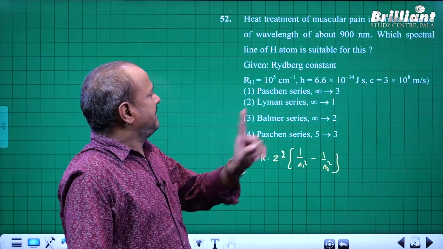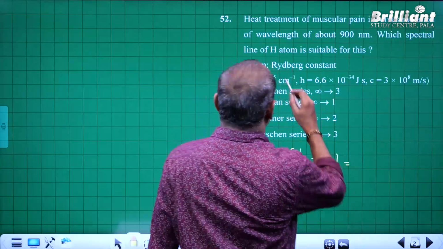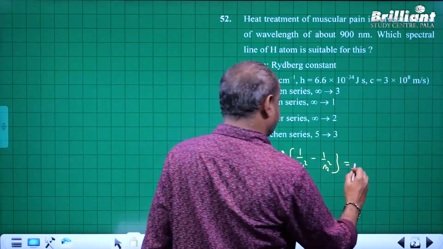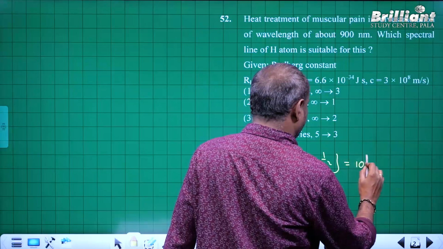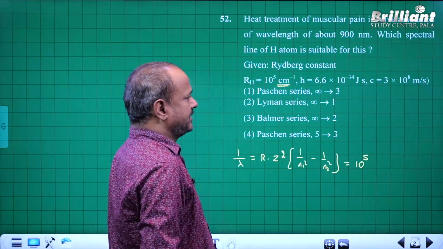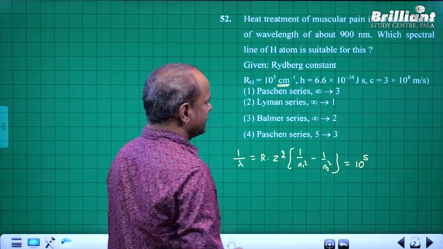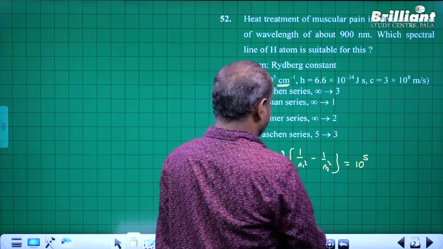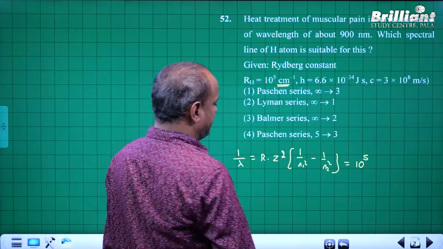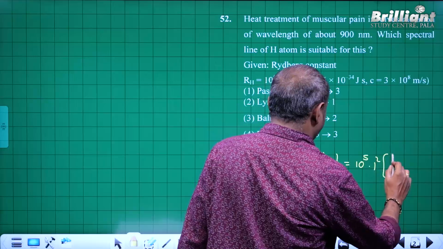Z value is 1 because hydrogen. R value is given as 10 raised to 5 centimeter inverse, that is important. That is the CGS system given. h is not needed, you can apply the direct formula.